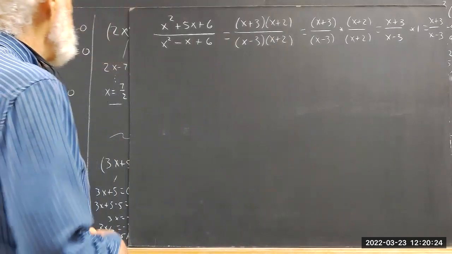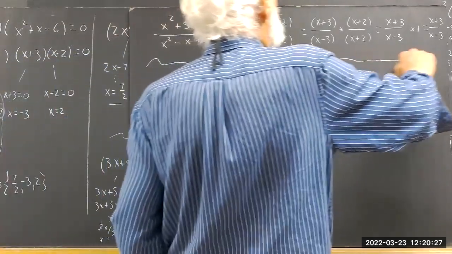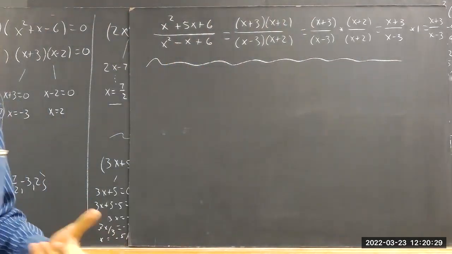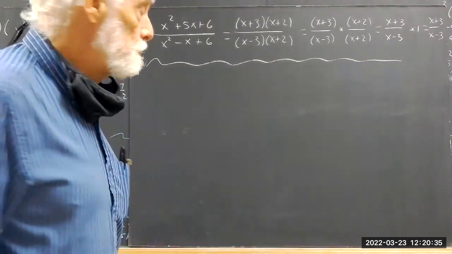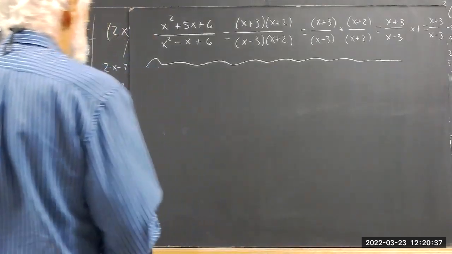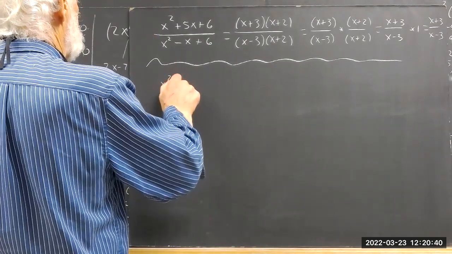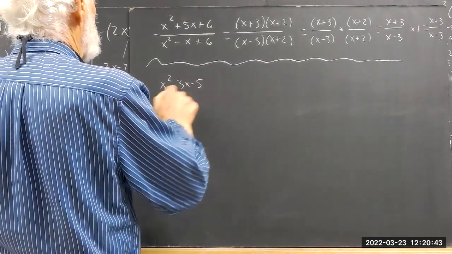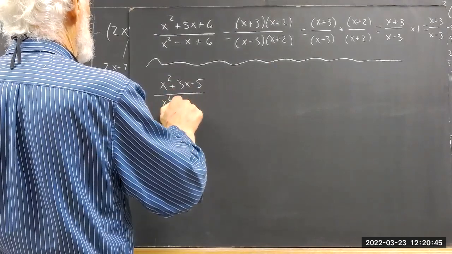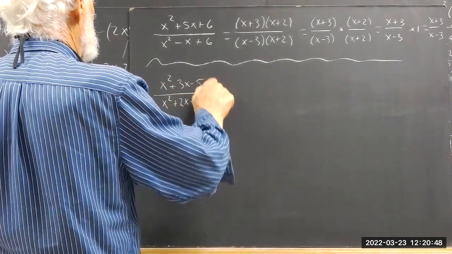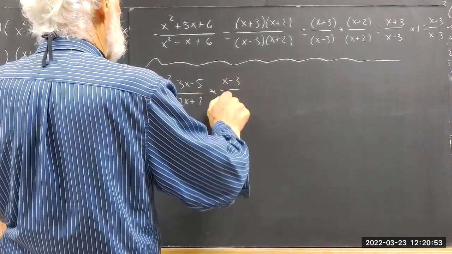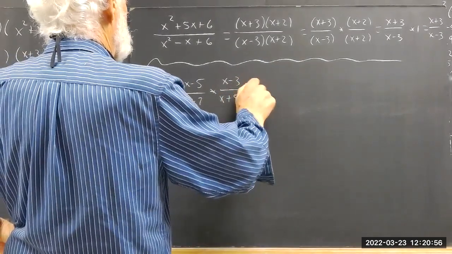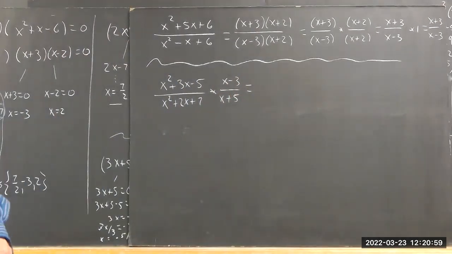The other thing is, rational expressions don't get hard until you start adding them and subtracting them. We're not doing that until next week. The other thing is, if I have something like this, what do you think?